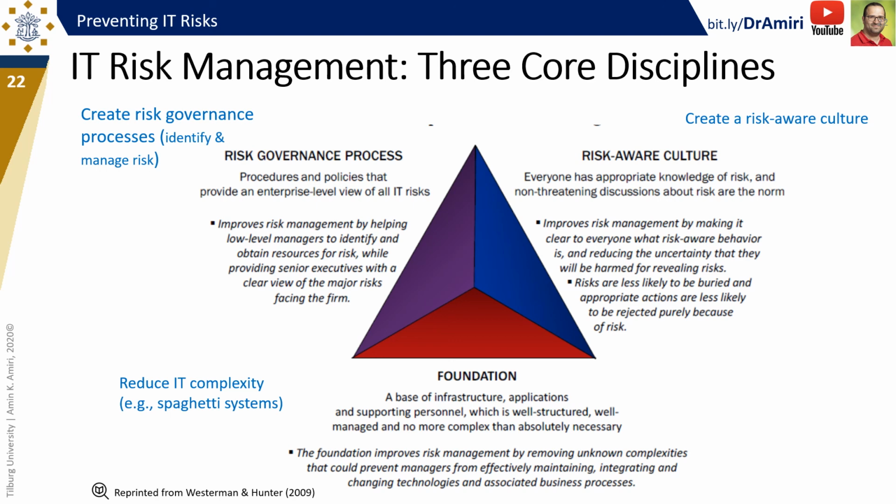It explains that you need to have a risk governance framework where you specify various types of processes to identify various types of risk and ways to manage them. They also suggest that we need to have a risk aware culture where everyone has enough knowledge about the risk, and the organization allows them to come forward and speak about those issues, raise concerns about the risks that can materialize and cause trouble for the organization.